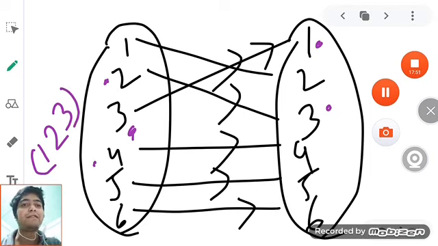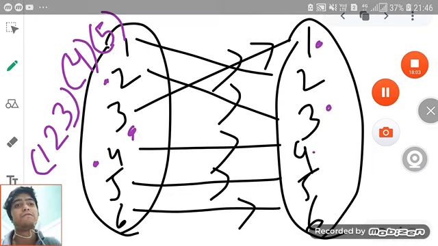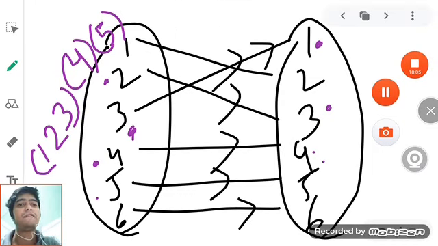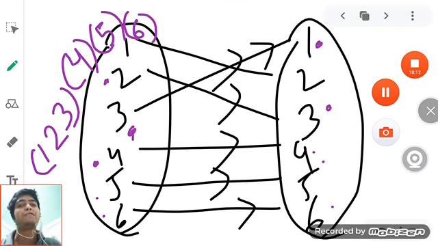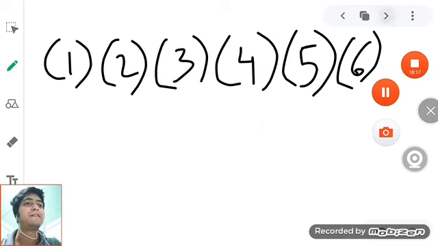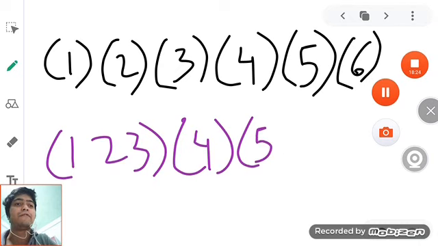Over here we have another, 4 goes to the number 4, so we'll close it. 5 goes to 5, and 6 goes to 6. So if you have to write it down, you write 1, 2, 3 together, 4, 5, 6 separately. So that second element you can write down as (1 2 3)(4)(5)(6).